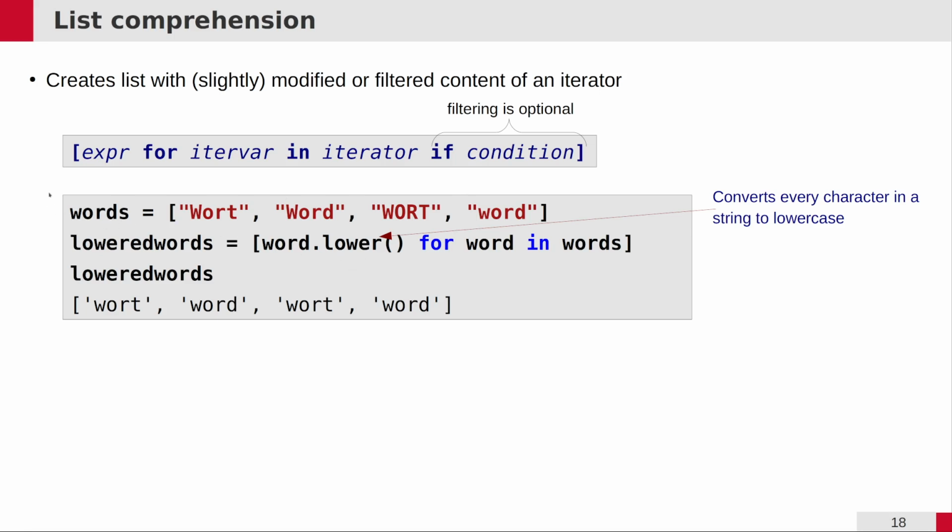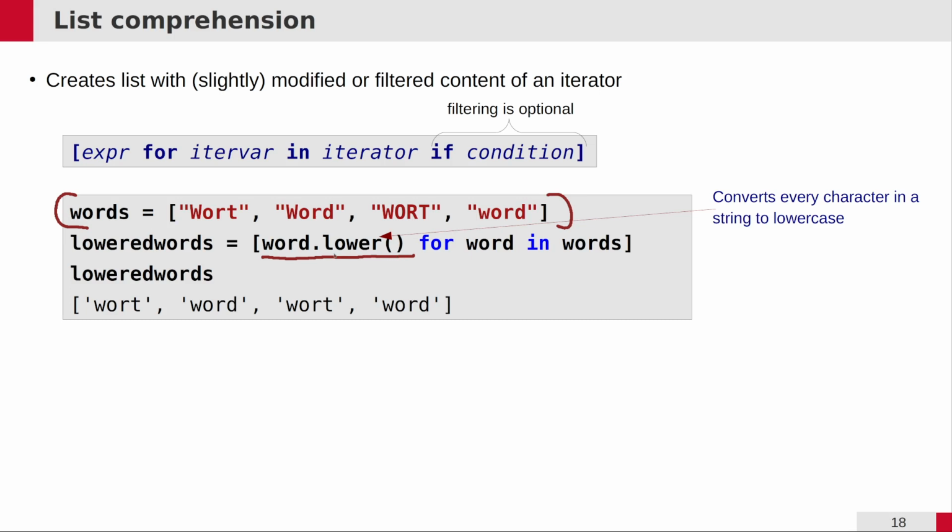For example, let's take an example. We have here a list with words where we have some strings inside, and we would like to now create a new list where we have the same strings as in the old one, but everything lowercase. And for that, we can use exactly this list comprehension syntax. So basically, we have to say what we want to have. We want to have a variable word and call the lower method of the variable, which creates lowercase letters.